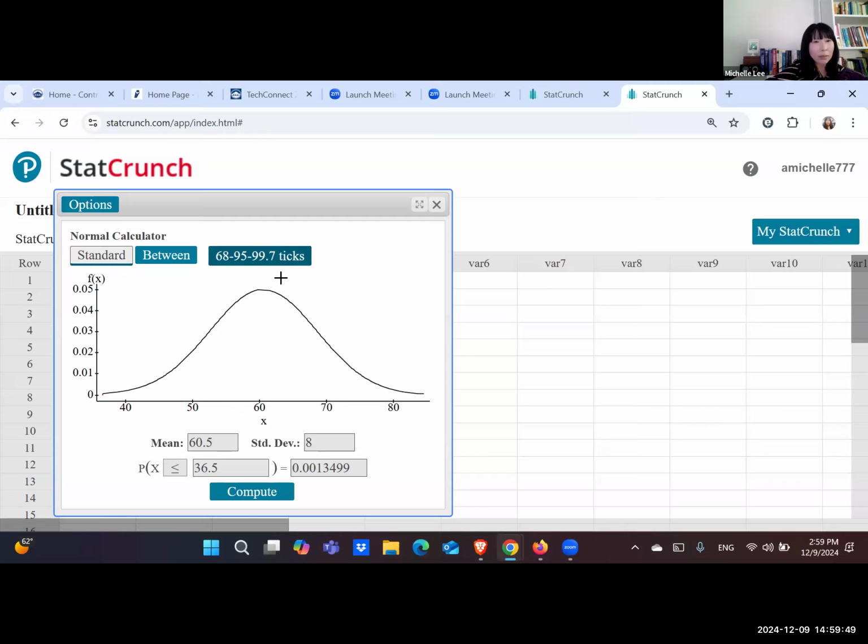Why sometimes do they give us the mean and standard deviation? Anyway. So those things, we can answer that, right?